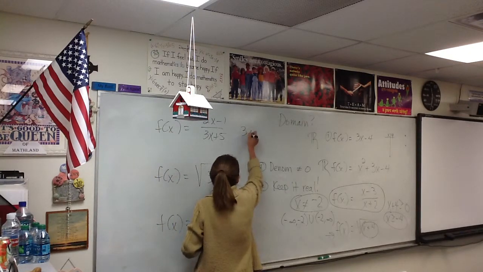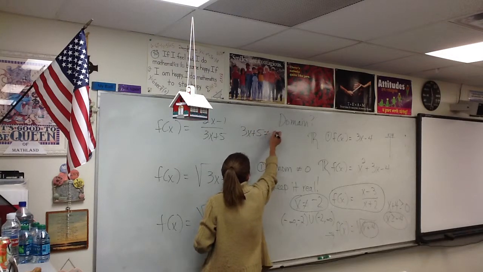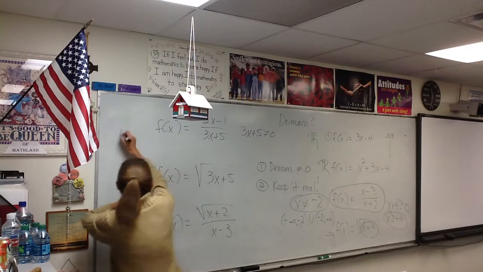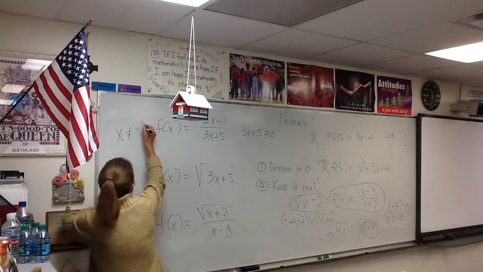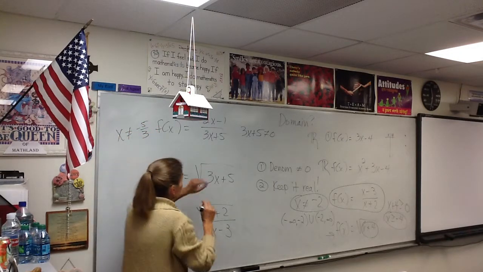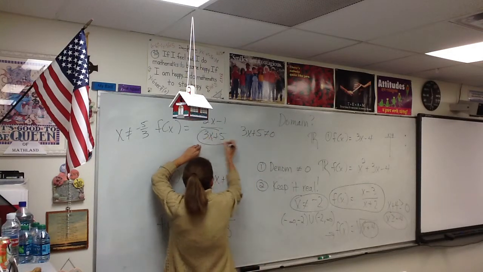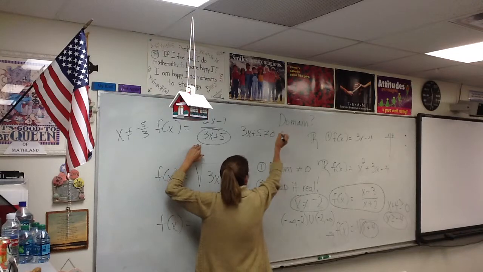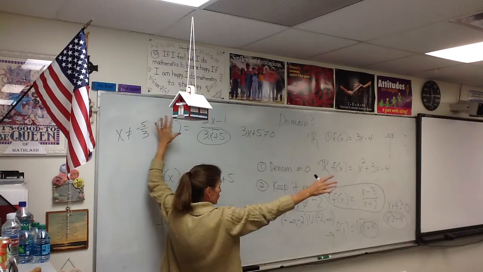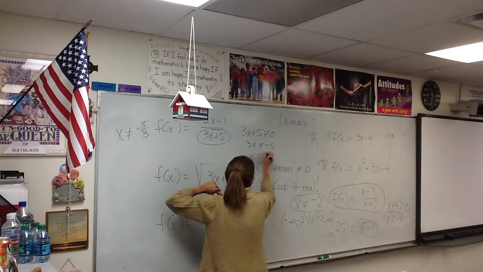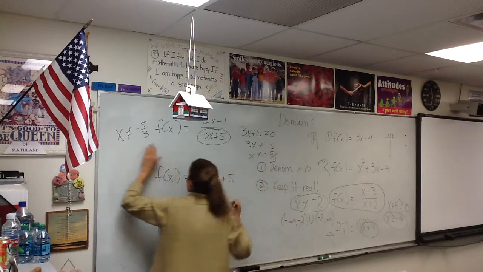So 3x plus 5 cannot be 0. Now some of you can look at this and tell me, okay, the domain is x isn't equal to negative 5/3. Some of you may need to actually solve that out. It doesn't matter. Denominator can never be 0, ever. So that says that x cannot be negative 5/3.